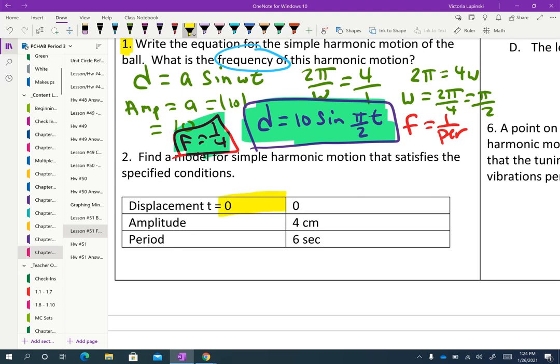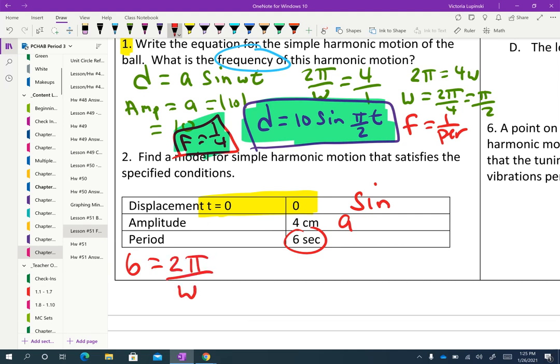Find the model for the simple harmonic motion under the following conditions. The most important thing here is the fact that it's 0, 0. If it's 0, 0, we know for a fact that it has to be a sine wave. The amplitude is equal to 4, so we know that's A. The period is equal to 6, so we set that equal to 2 pi over w.